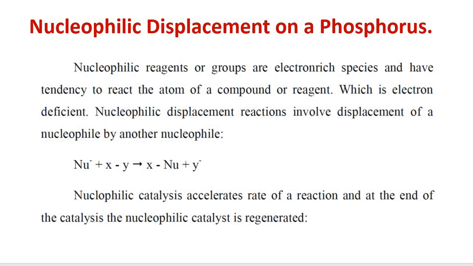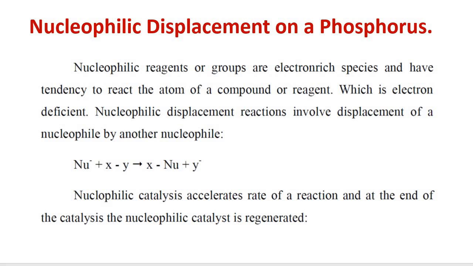So first, start with the nucleophilic displacement on a phosphorus. You know, nucleophilic reagent or group are electron rich species, and have a tendency to react with the atom of a compound or reagent which is electron deficient. Nucleophilic displacement reaction involves displacement of a nucleophile by another nucleophile.